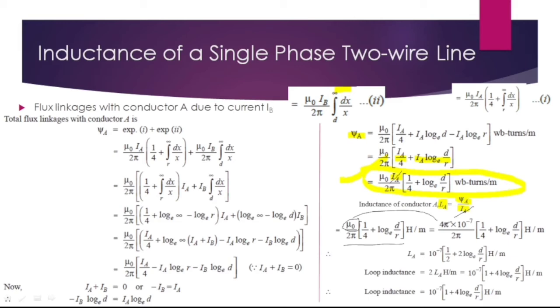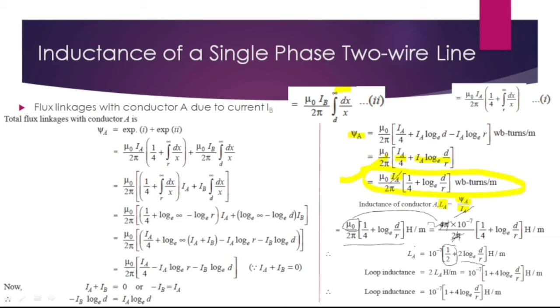The 2 pi, 4 pi and 2 pi get cancelled, that is, pi and pi cancelled and 2 cancelled. The remaining 2 is multiplied to this quantity, 2 by 4, which gives 1 by 2, plus 2 log d by r base e, into 10 to the power of minus 7 Henry per meter.